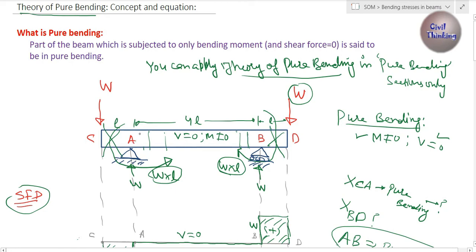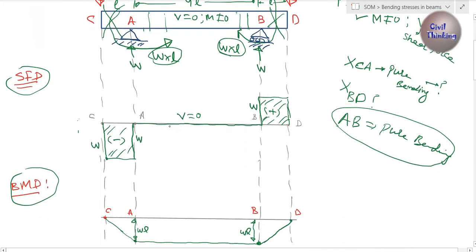As long as it is between A and B, you can safely apply the theory of pure bending. So now you know what a pure bending section is, where moment is not 0 but shear force is 0, right? So let's move on.